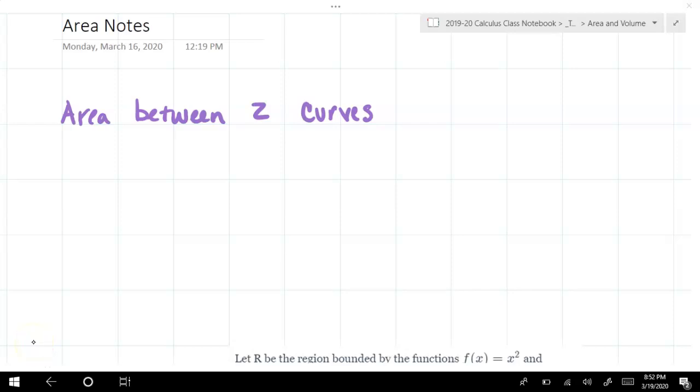All right, in this lesson, we're going to learn about using integrals to find area between two curves. So the first step is find the points of intersection.